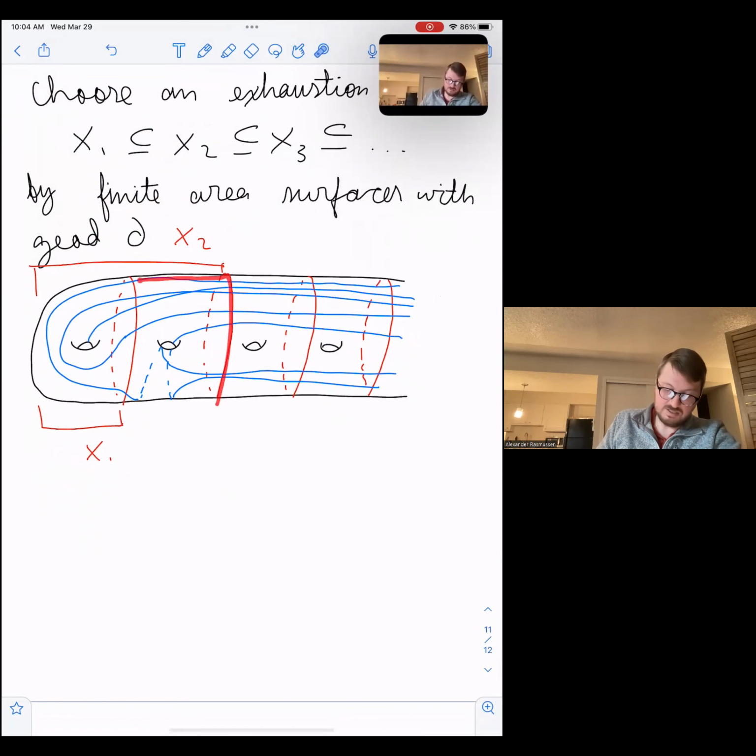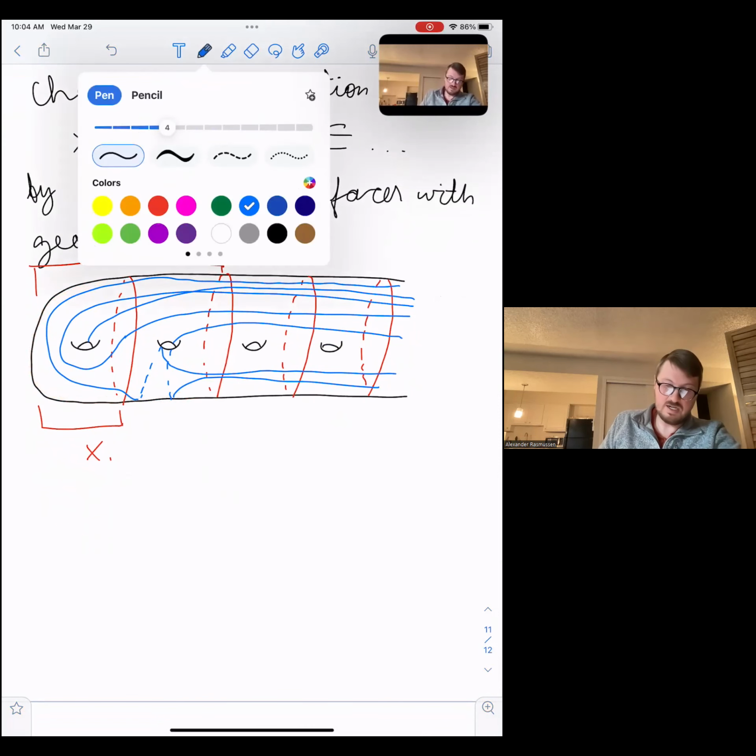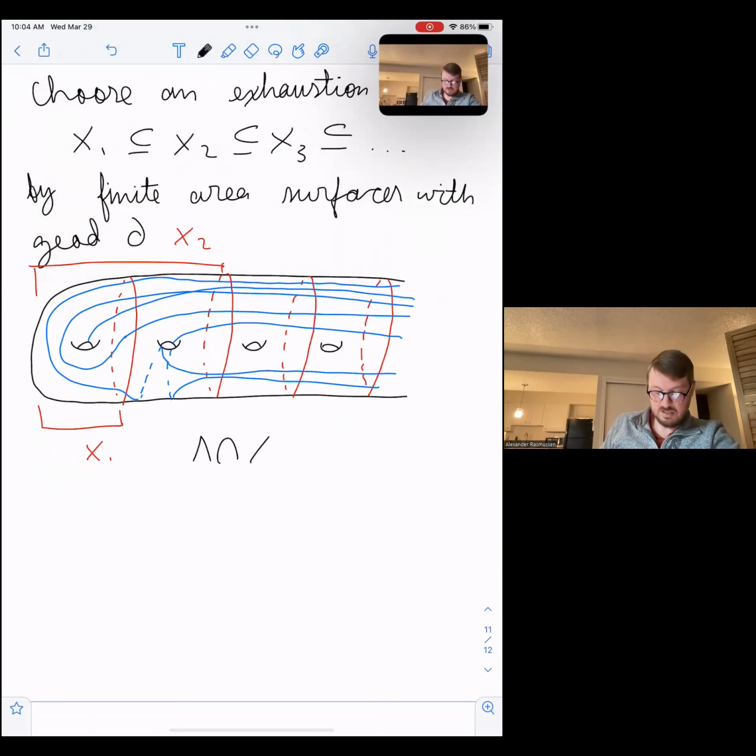So maybe we take this genus 2 piece and just study the intersection of the lamination with this genus 2 piece. And what we see is that the intersection of lambda with xi is just a bunch of arcs.